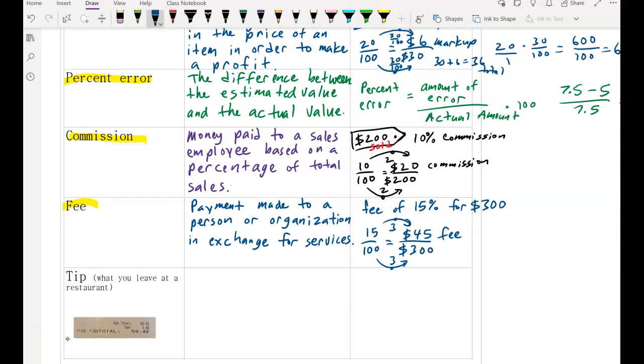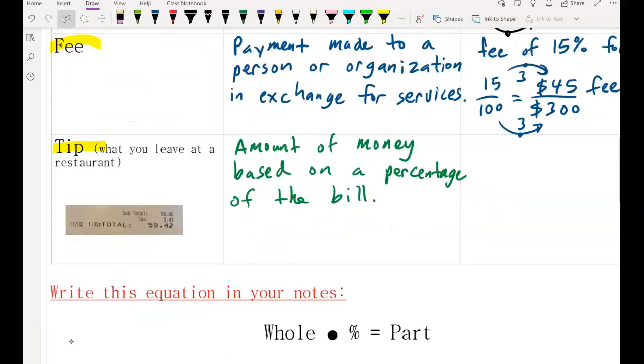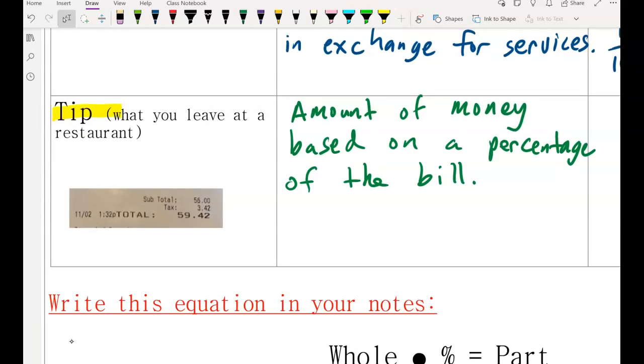Okay, well, let's talk about tips. Tips are great. You'll tip a waiter or a waitress or a server or someone when you go out to eat or someone provides a service, and it's usually based on a percentage. If you're in a restaurant, it's based on a percentage of the bill, and you can see that we have a bill here of $56.